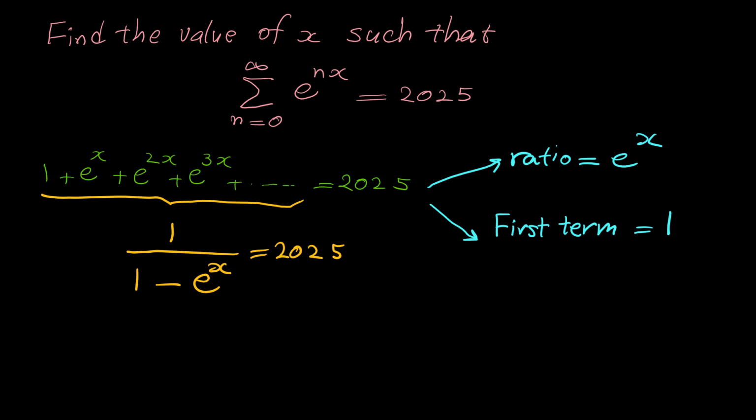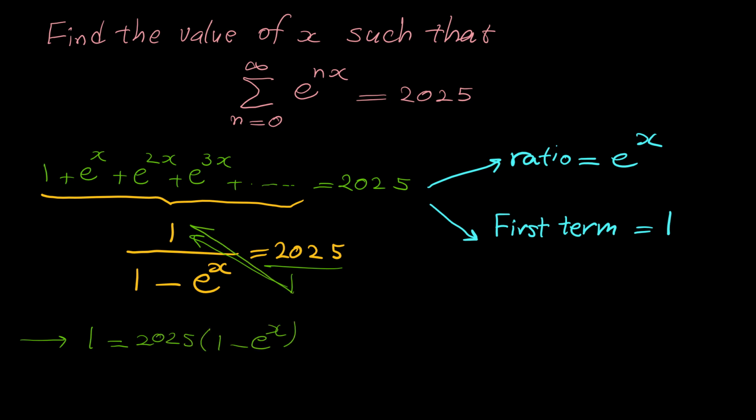Now we have to solve this equation. For solving this equation, we can give a 1 to the denominator of the right side, and then we can do a cross multiplication. By doing a cross multiplication here, suppose we have a 1 here, 1 times 1 is 1, and on the other side we have 2025 times 1 minus e to the x.